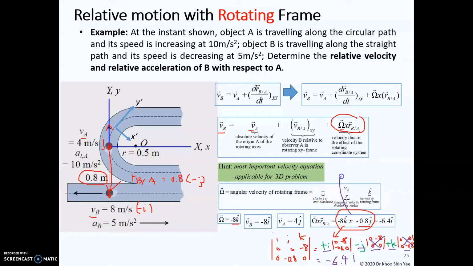Another approach to compute this is by using the cyclic rule, IJK.